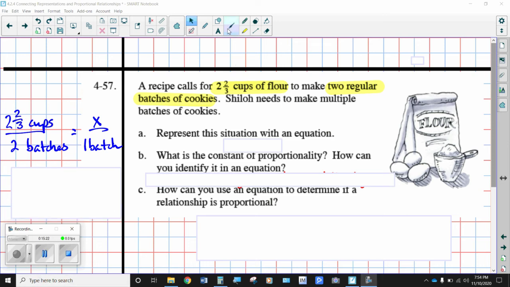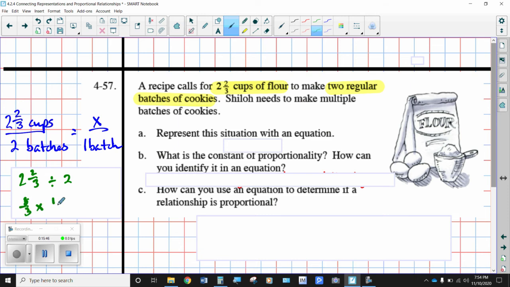Okay, this is a good opportunity for us to practice dividing with mixed numbers. 2 2/3 divided by 2 is the same as 8/3 times 1/2.